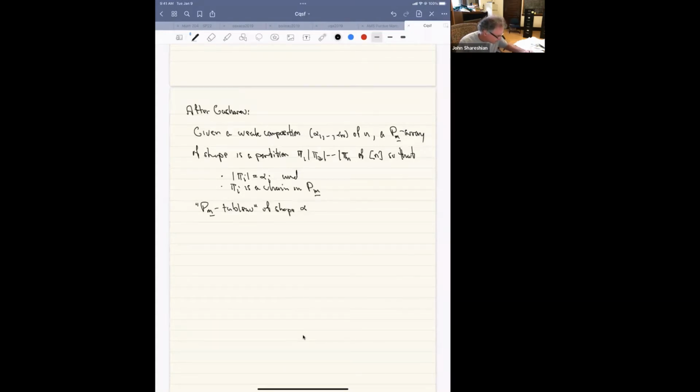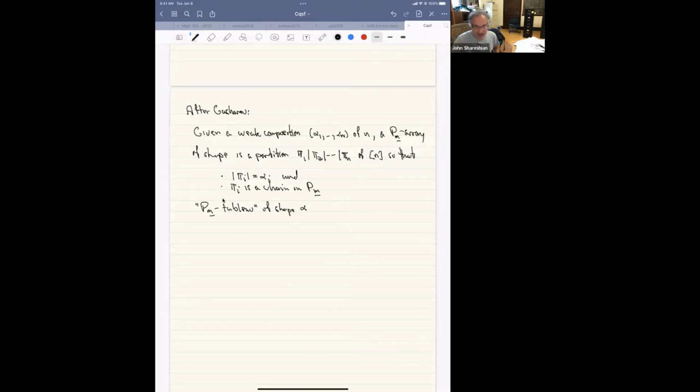So there, it's weakened in two ways, right? The first thing is the shape we're filling is not a Young diagram of a partition. It's a supposed Young diagram of a weak composition. So there are some empty rows. The rows don't get shorter as you go down and so on and so forth.